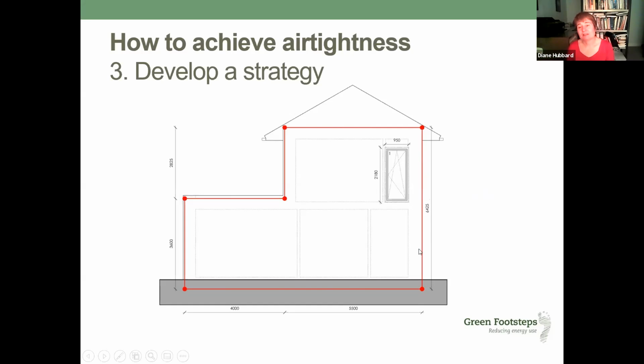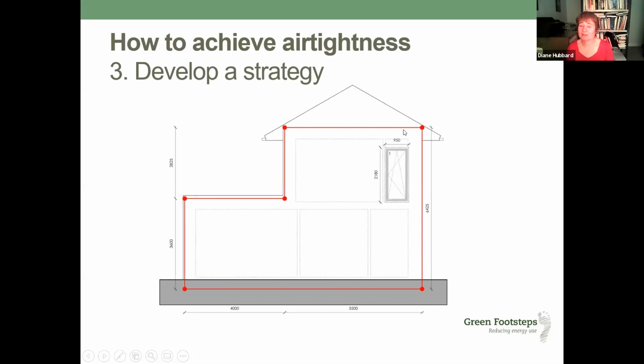One of the most common things I see is inset light fittings, in large quantities, and they invariably leak from an air tightness point of view. If you actually sit down and sketch it through, you think, well, are they the right light fitting?